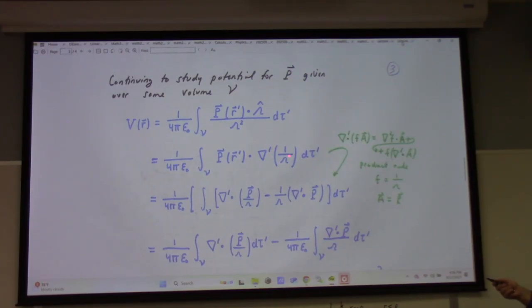And as such, I can trade this piece for that piece minus that piece. So I do the gradient of 1 over r times P, which is this, minus 1 over r times the gradient of P, which is that. Griffiths will call this integration by parts, and he's not wrong.